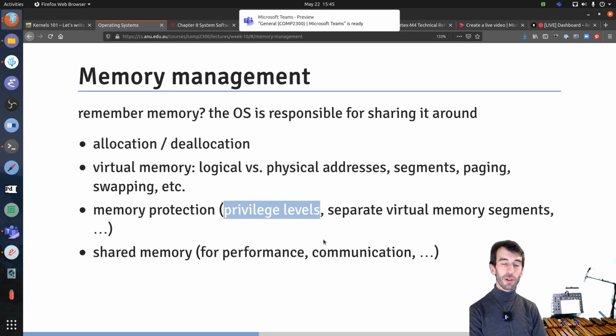That means that your OS can operate at a high privilege level or in some privileged mode, and your regular processors are running in an unprivileged mode. So the regular processors can't access the memory protection. They're physically unable to do so because of the way the hardware is designed, while your OS, when it's running in privileged mode, can access the memory protection system.